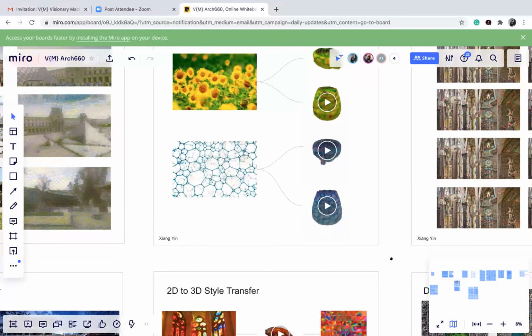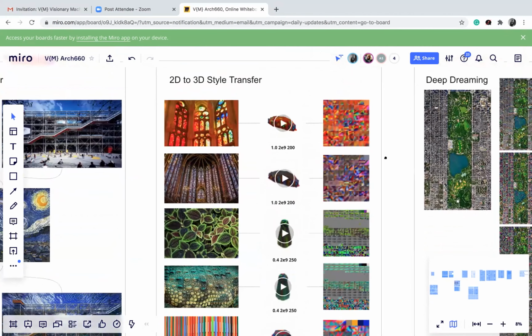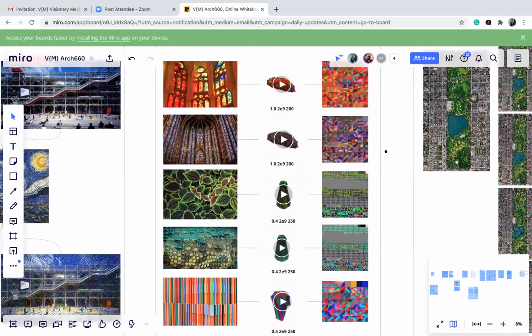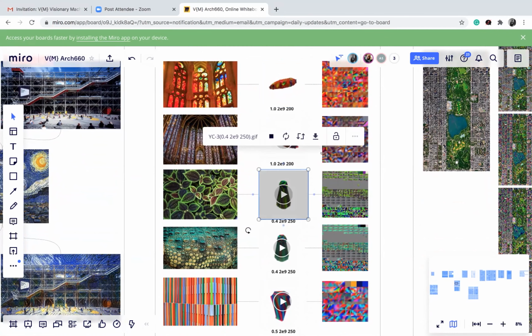And here I chose different kinds of styles with different models. We used architecture combined with a sphere-like shape to see the difference in how they attach to the surface of it, and also the natural texture.